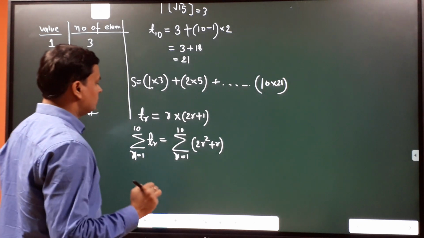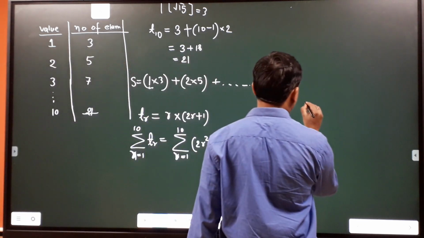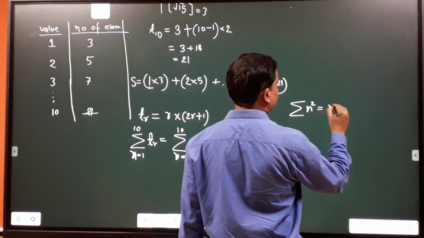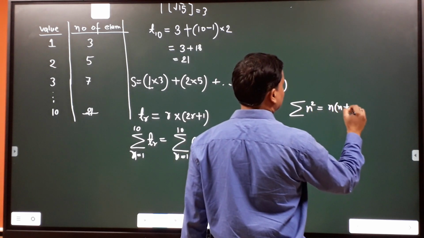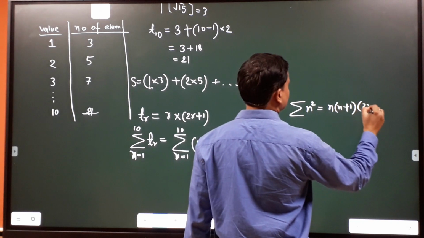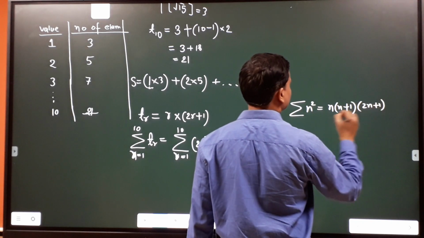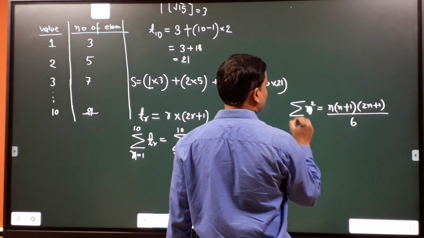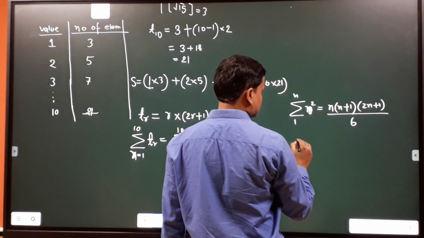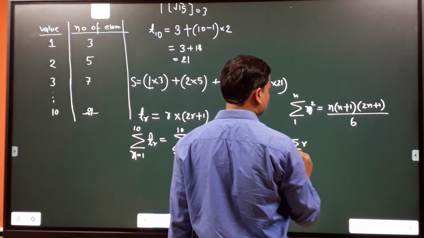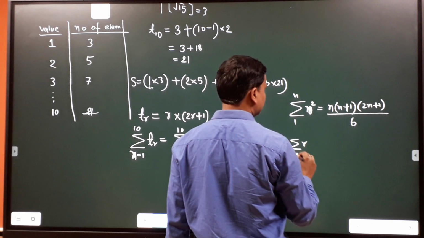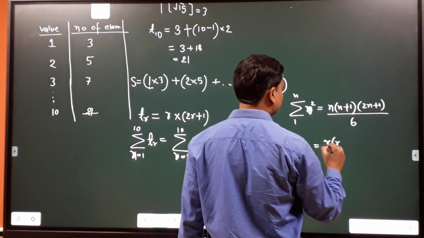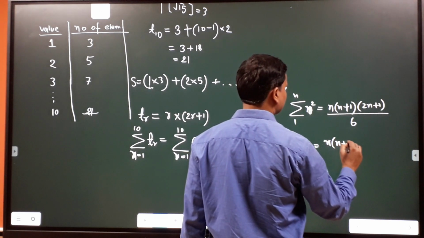Now I hope that you would be familiar with these formulas. Summation of n square is equal to n into (n plus 1) into (2n plus 1) upon 6, that is, summation of r square where r is from 1 to n. Similarly, for summation of r, where r is equal to 1 to n, we can write it as n into (n plus 1) by 2.